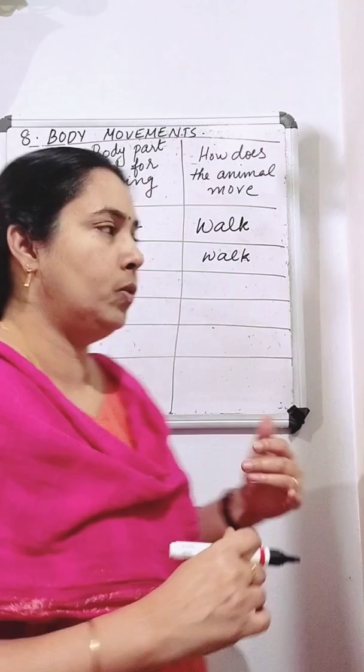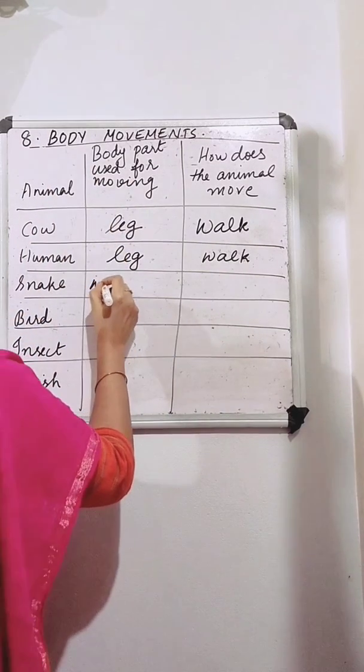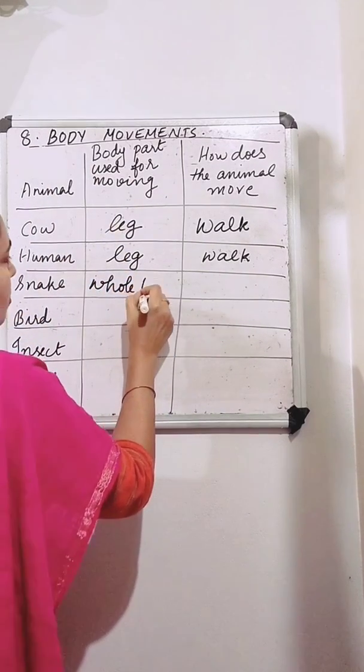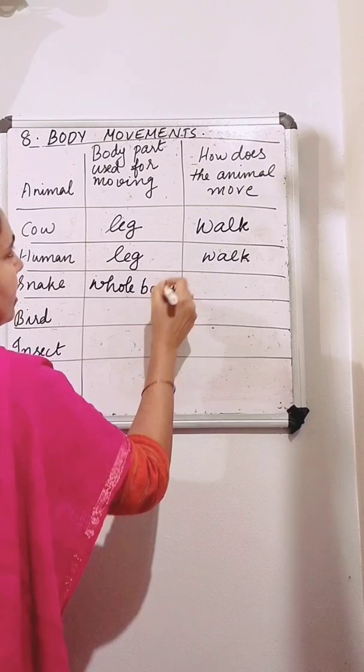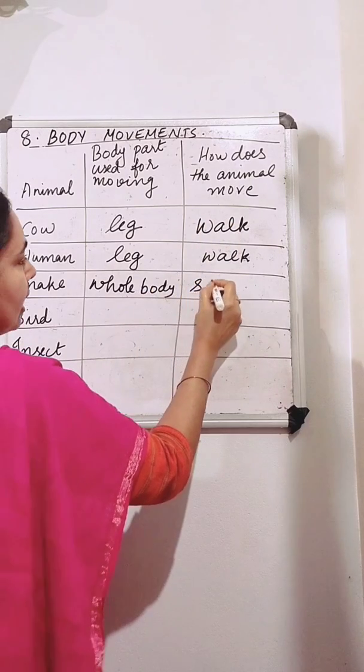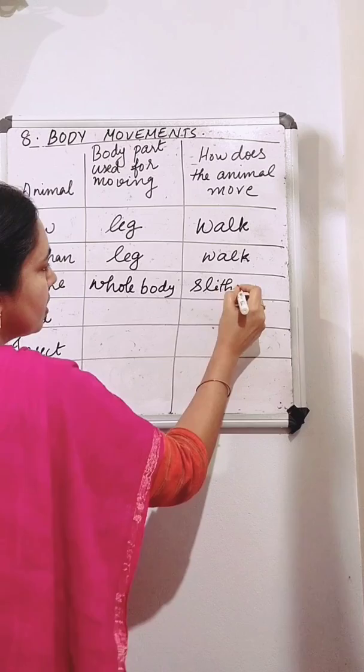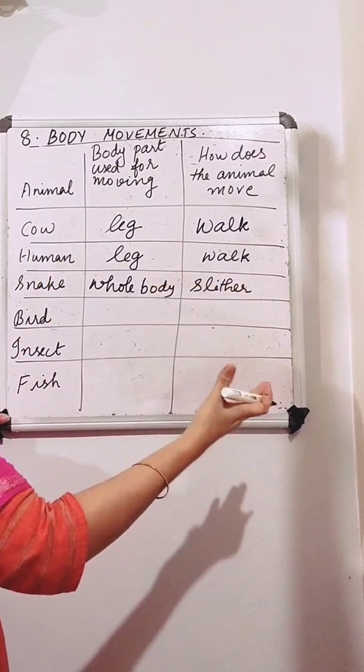So in a snake we can see the whole body is moving. And what is that movement called? That is called slither. So a snake slithers.